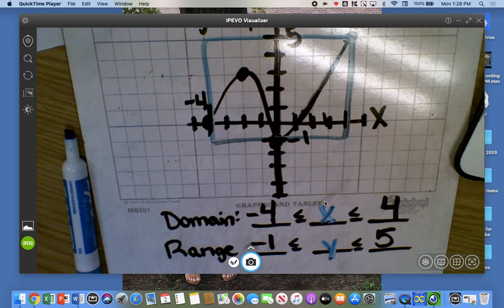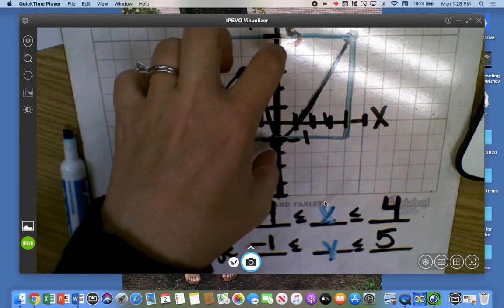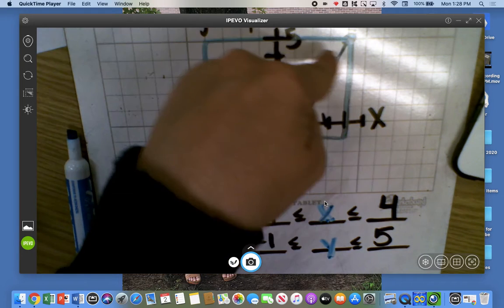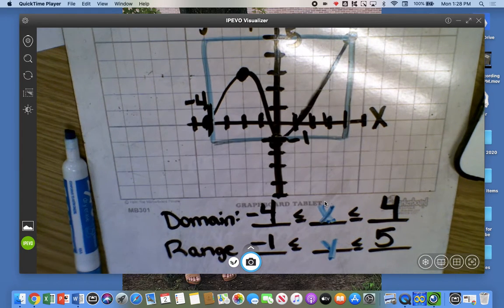There are all kinds of points in that range, but the smallest value is at -1, and the widest range is at +5. Just to review, you will have a couple graphs to fill in the blanks and state domain and range. Domain goes with X, range goes with Y's.